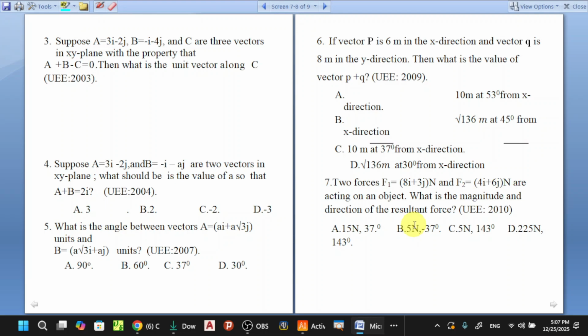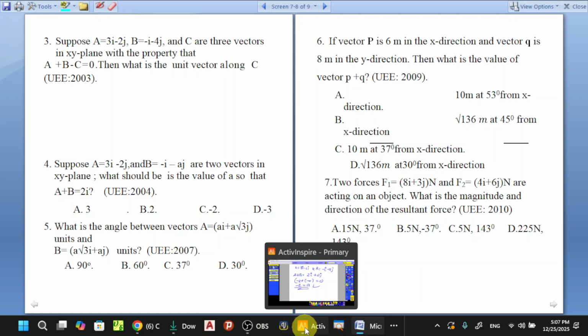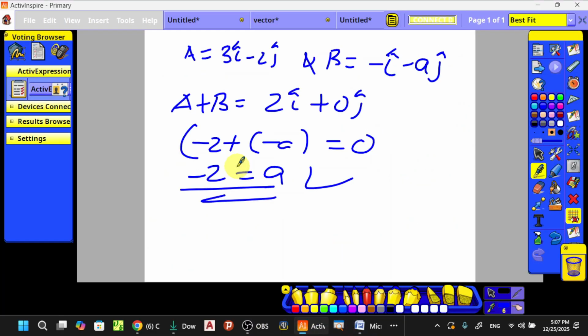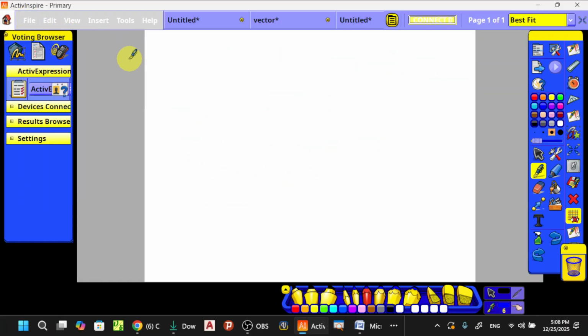Let me solve this problem for you. That's easy. F1 is equal to 8i plus 3j.